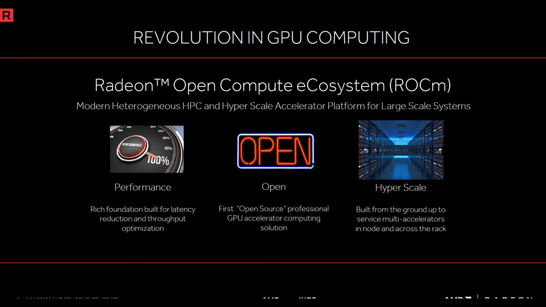The second important point is that the whole software stack is open source from AMD. There's nothing proprietary about it. We have put everything on GitHub, so you can download it, make any changes, and submit to the code. When I say the whole stack, I mean the drivers, which are essential to access the GPUs, and the compilers, the runtime, the language processors, and in fact the DNN frameworks.